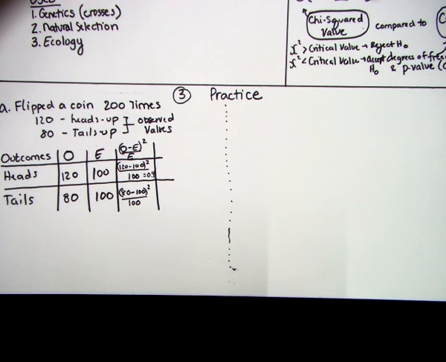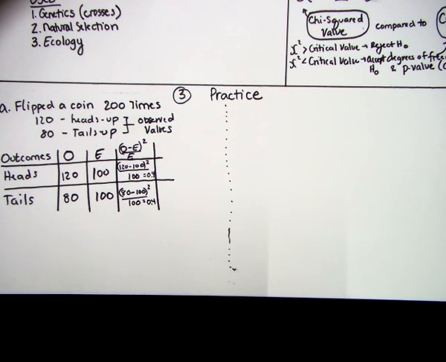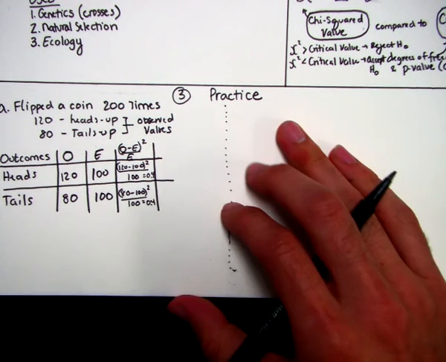Okay, so I get 0.4, 0.4 for both of those, right?